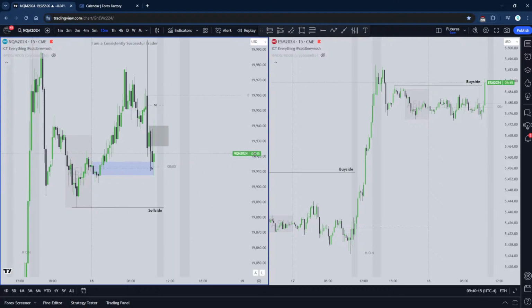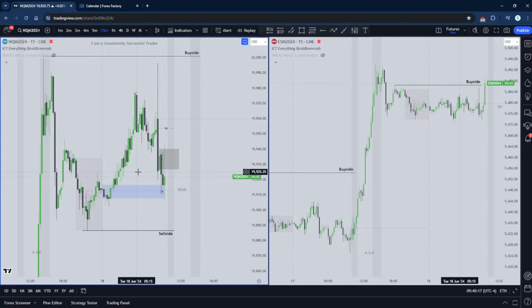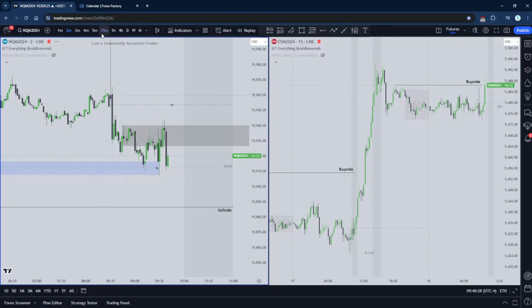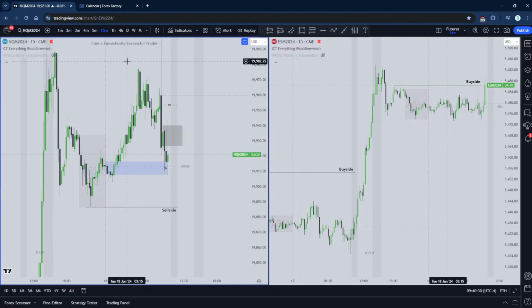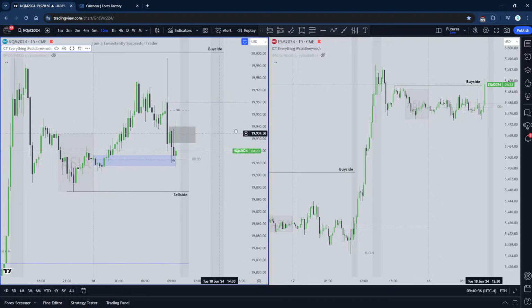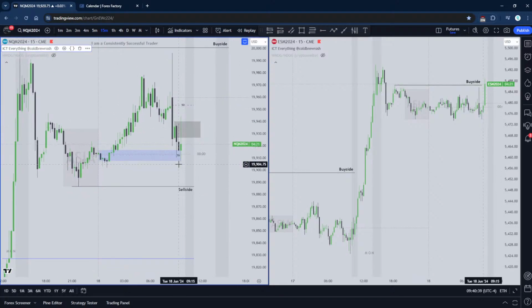We just gotta wait for this 15-minute candle to close. We do have our PD array, it's just that our 50% rule is not ticked off. I can readjust the range.